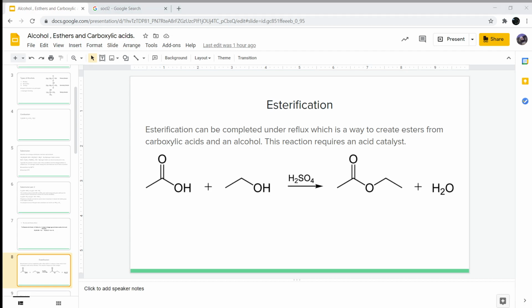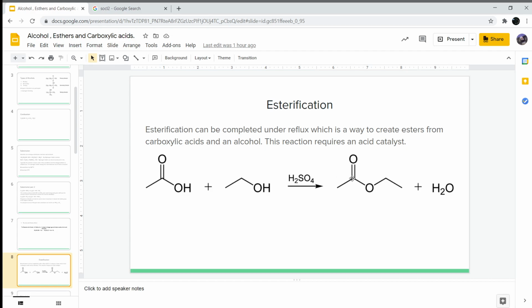As these two molecules come together, we're going to notice that this OH group that's on the carboxylic acid is going to end up splitting off. And then the oxygen from this side is going to bond in there.